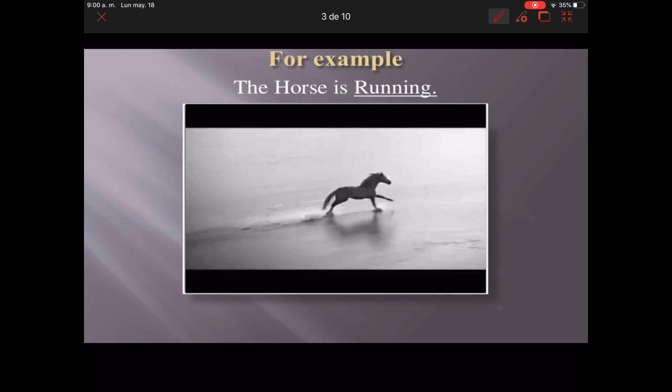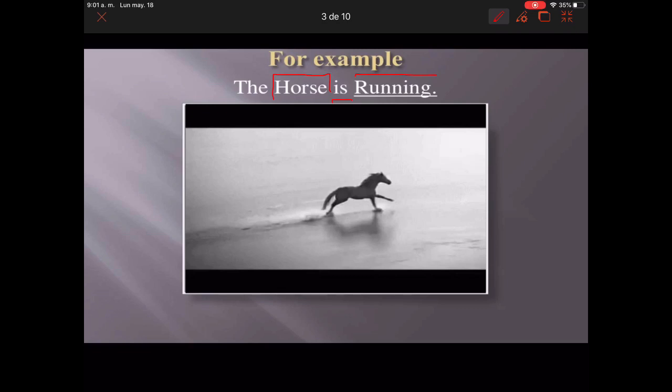Now we have two different verbs, is and running. But what is the main difference between them? We're gonna see it later. But the main verb in this case, the action verb, is running.